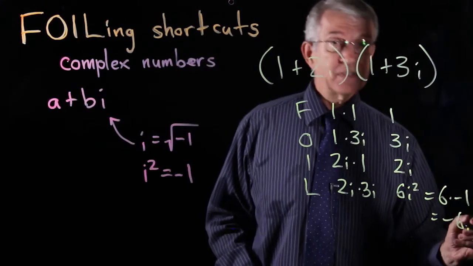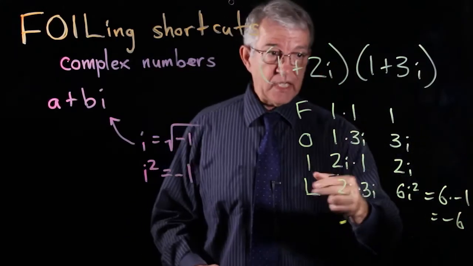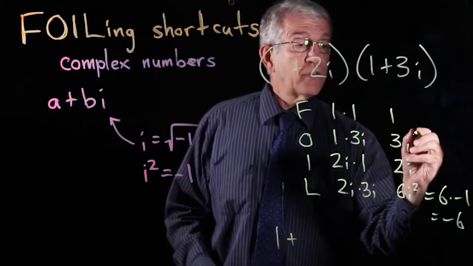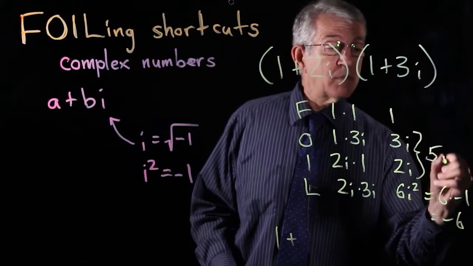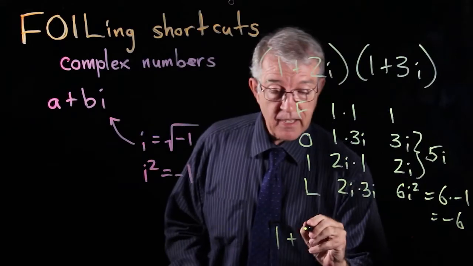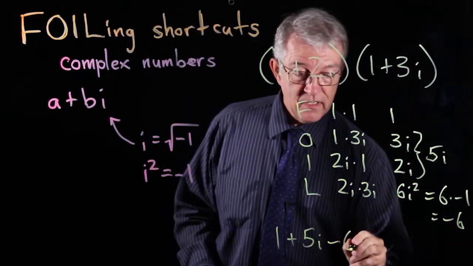which is -6. So the way all the books will teach you to do this is just how I've done it. We have 1, we have 3i plus 2i, and of course we'll combine those, right? They're both some coefficient number times an i, so 5i. So far, so good. And then minus 6.